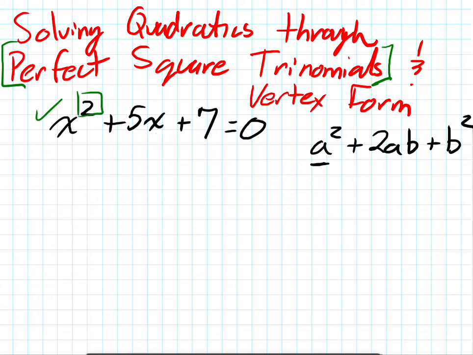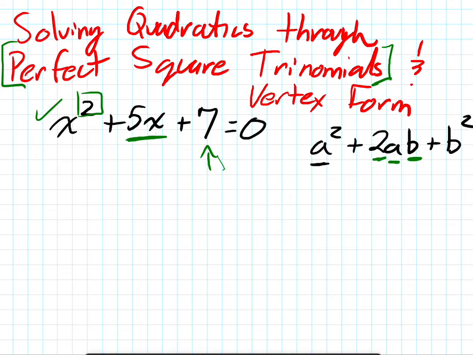So we can almost say check, the first term we're okay with. We need our middle term here to be equal to the square root of a, the square root of b, multiplied by 2. So we can actually build our own equation to figure out what we need this third term to be in this case.